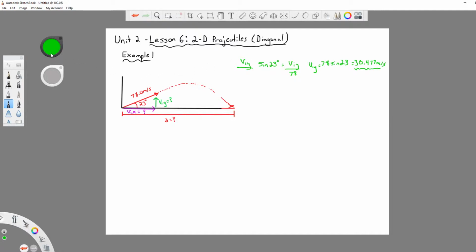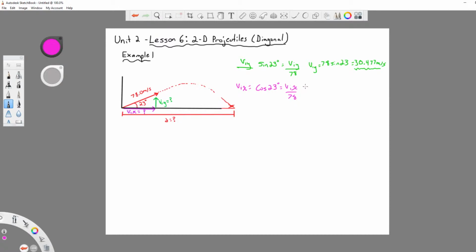Let's save that to x in magenta. So VIX is equal to the cos of 23, which is VIX over 78.